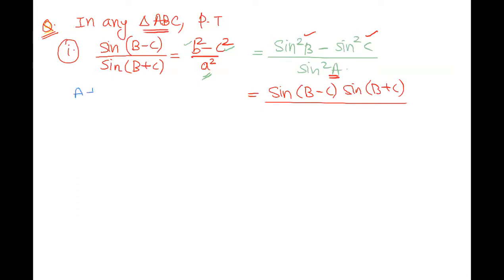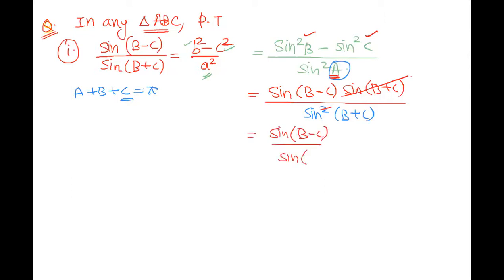So this I can write as sine square b plus c. Clear? So this and this get cancelled, and we are left with sine of b minus c divided by sine of b plus c. Hence proved.